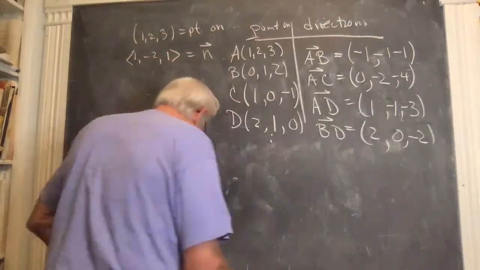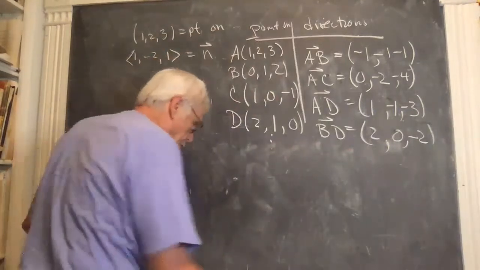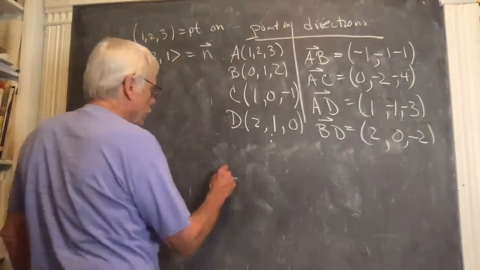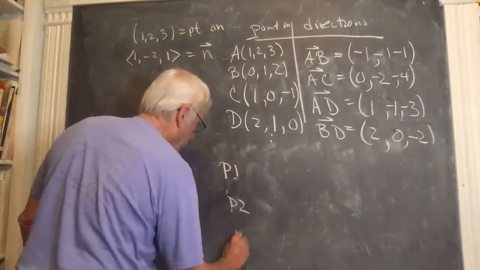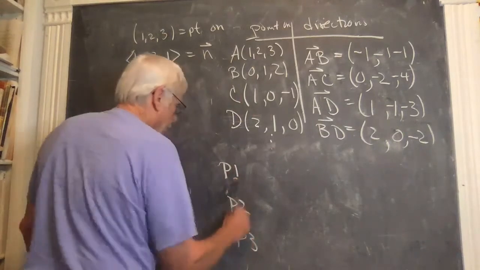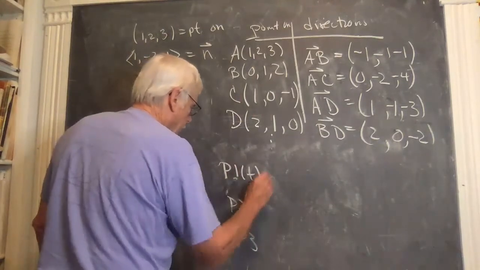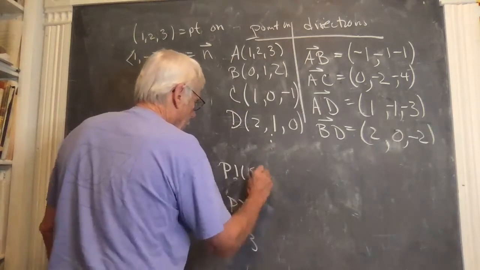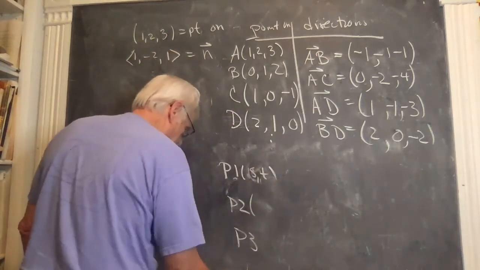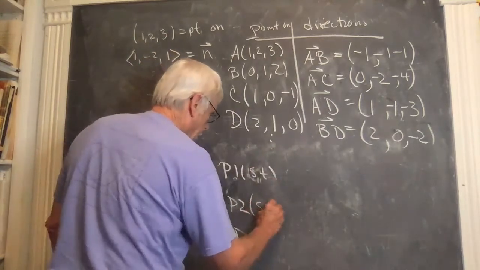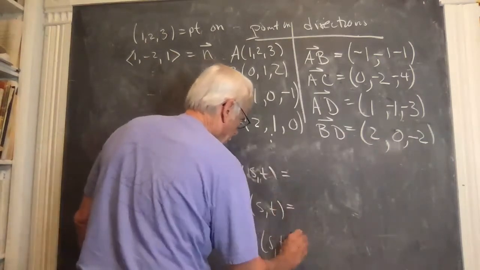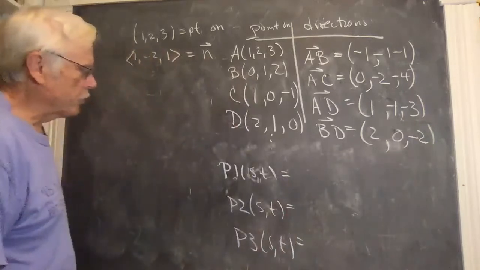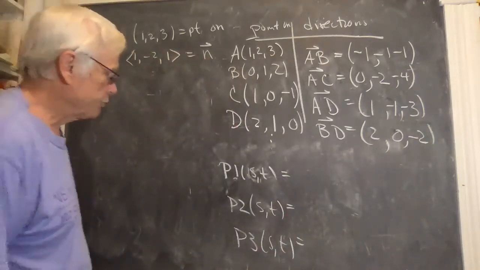So let's find those, because those are going to be interesting to us. So we're going to have a P1, a P2, and a P3. Each one will be a function of S and T.